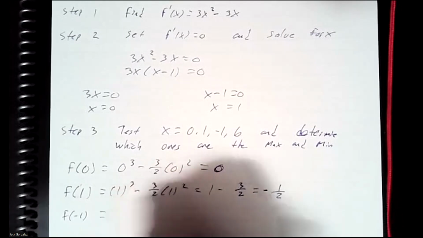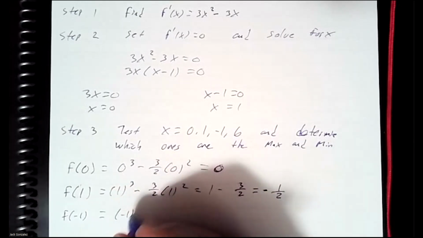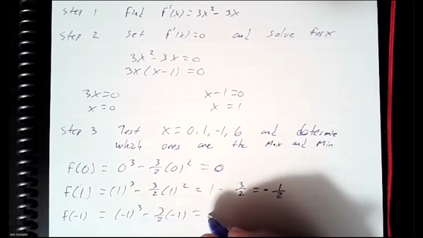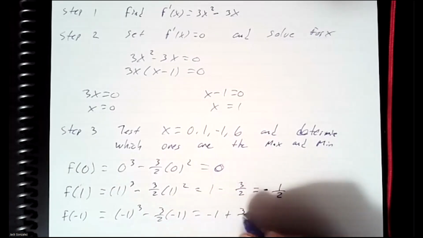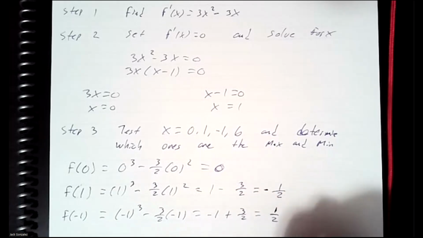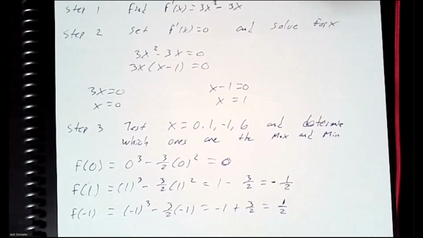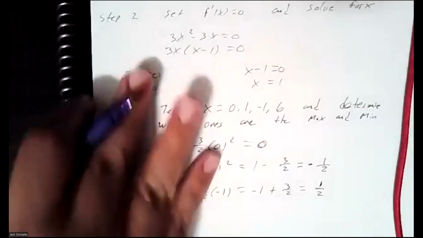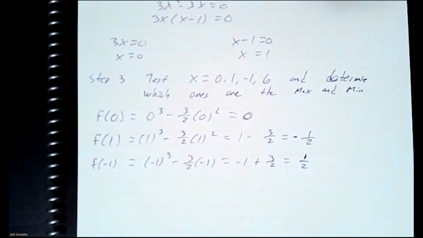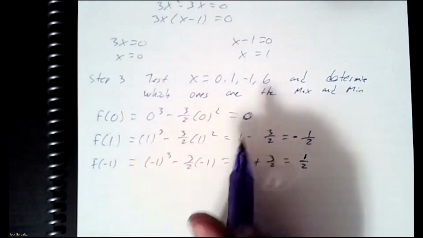Okay, f of -1. That would be -1 cubed minus 3/2 times -1 squared, which equals -1 minus 3/2, that is -5/2.